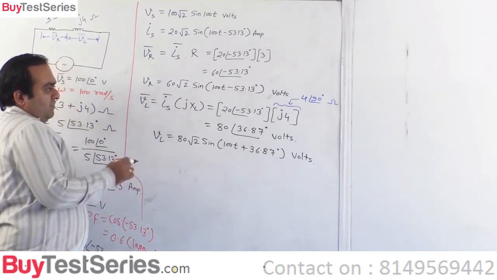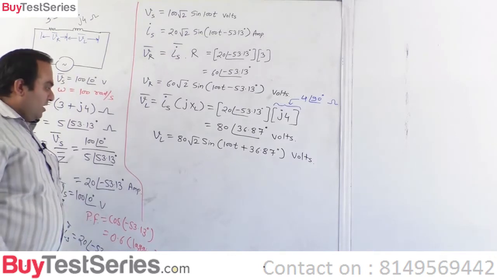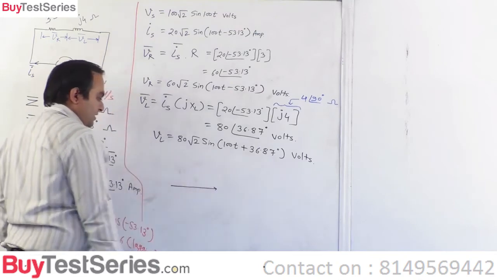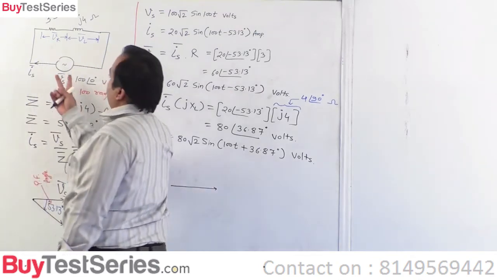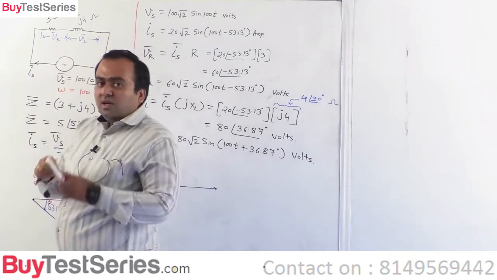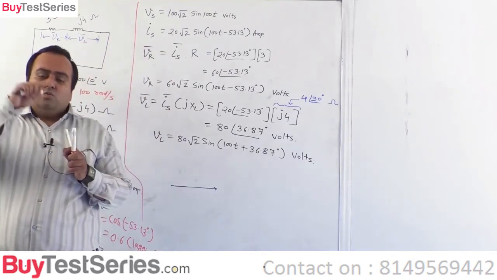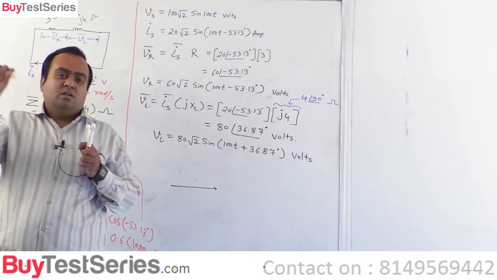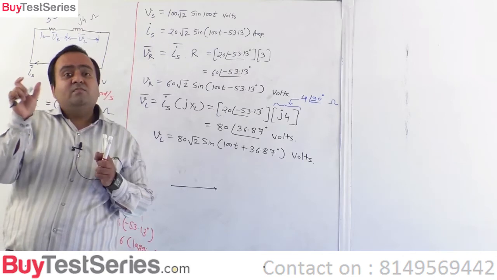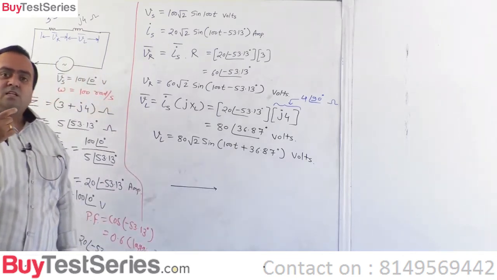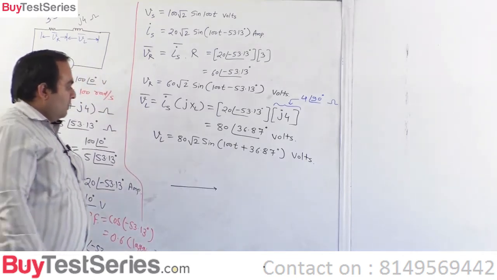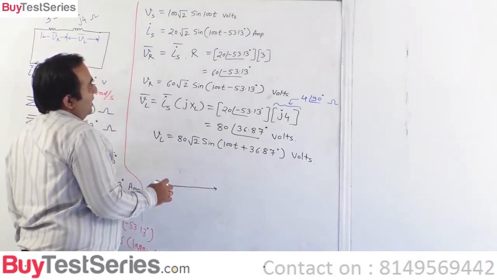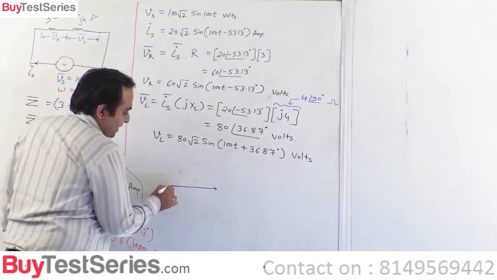Now we can also represent everything on a phasor diagram. How can we represent it? This is your reference phasor VS. VS is a phasor sum of VR and VL. So if we have VR and VL as the two sides of a parallelogram, the diagonal will be the resultant, and that will be VS. So if this is your VS, your VR should lag by 53.13 degrees.